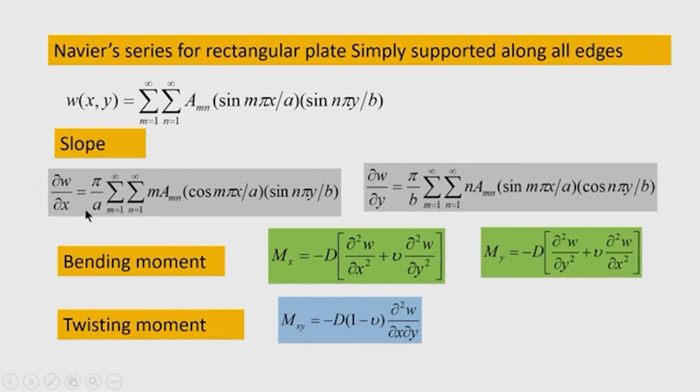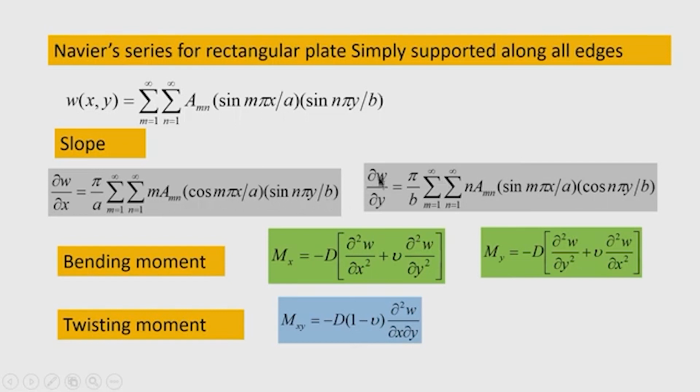Pi by a is a constant we have taken outside the summation term, and the integer m we have kept inside the summation term. So it is written as pi by a double sum, m equal to 1 to infinity, n equal to 1 to infinity, m a_mn cos m pi x by a sin n pi y by b.